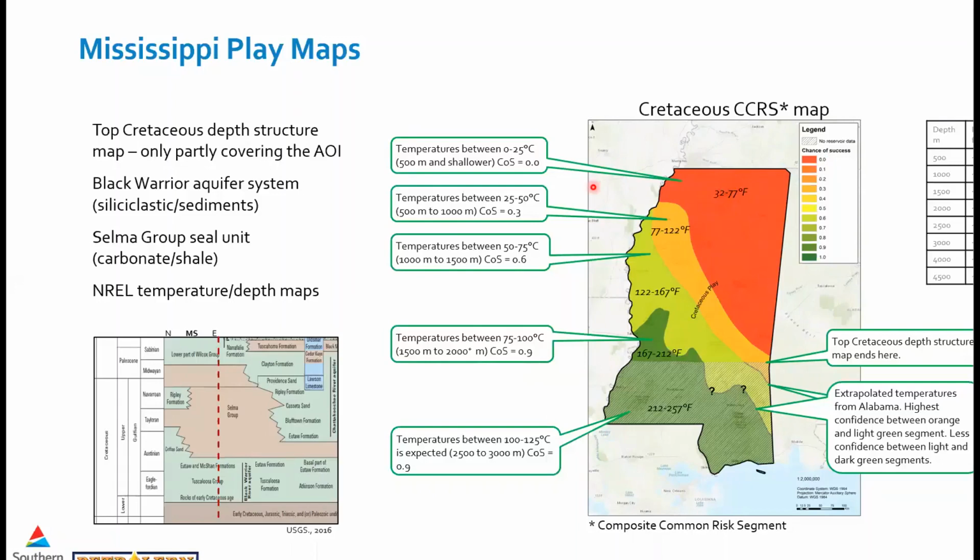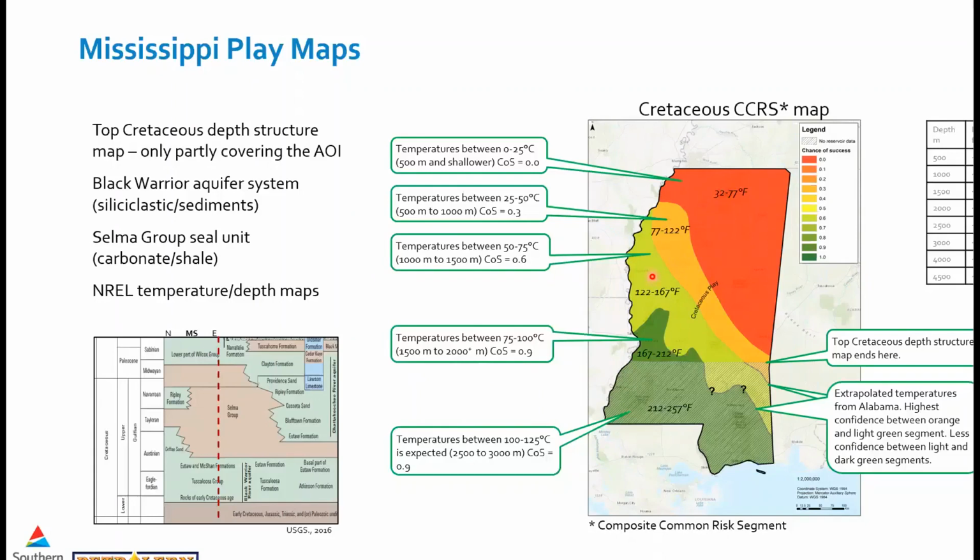If we go further to the southwest, we're entering into a play segment, as these are called, where we have a temperature between 25 to 50 degrees Celsius at depth between 500 to 1,000 meters. We assigned a chance of success of 0.3. Going deeper, both the temperature and the chance of success increase.